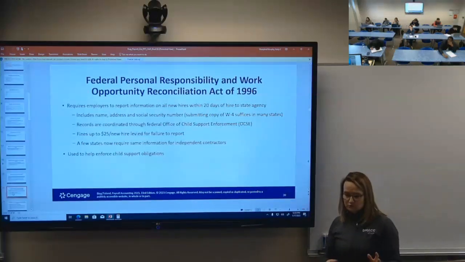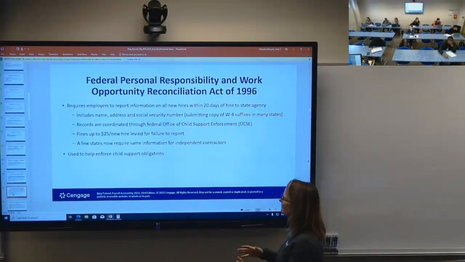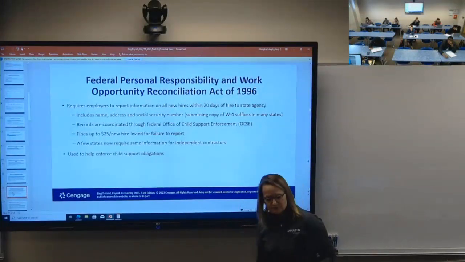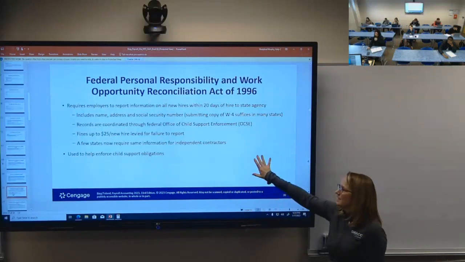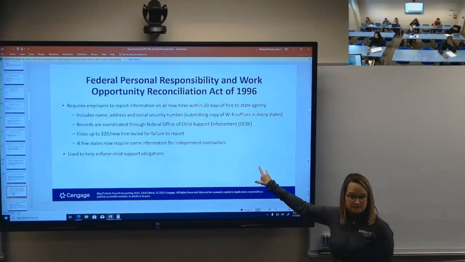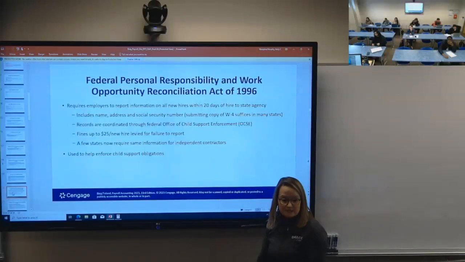When an individual is hired, on that first day, they're filling out their tax forms, their I-9 form, and you'll become familiar with this terminology, so don't worry about that. They're filling out all their new hire forms, whether they're going to get health insurance, that sort of stuff. At that time, the employer needs to send this information to the state to make sure that any child support obligations are taken care of.